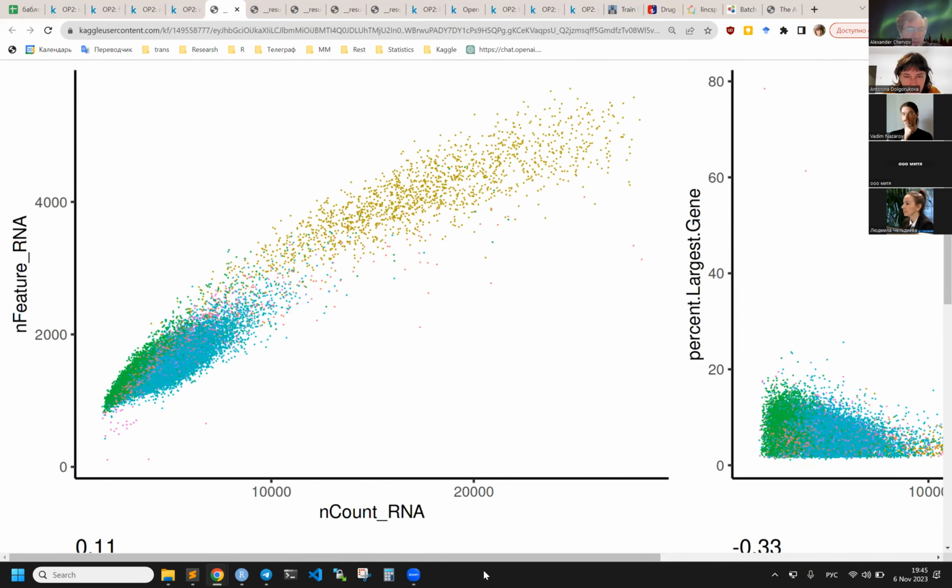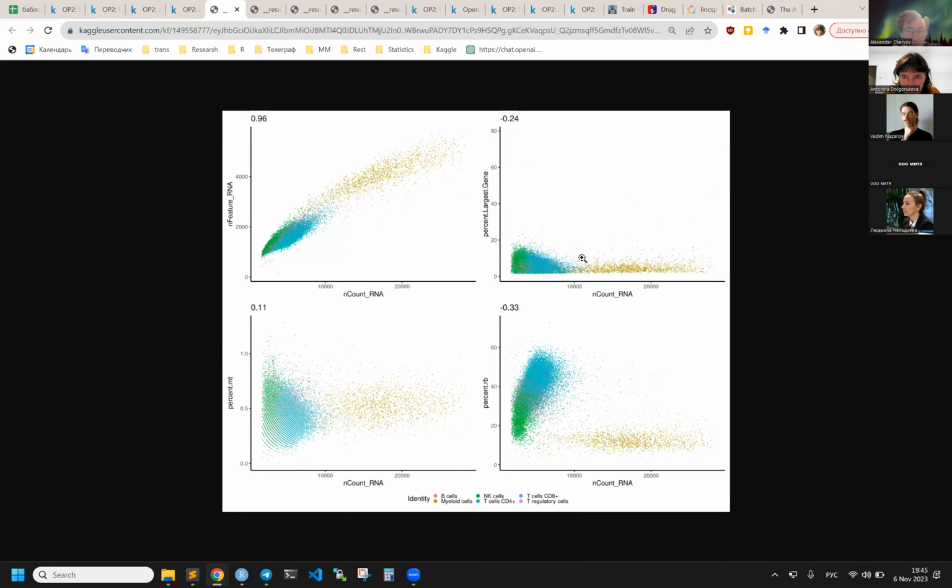Okay, so it seems that these myeloid cells are kind of special, yes? They have more counts, something like more genes inside each cell.